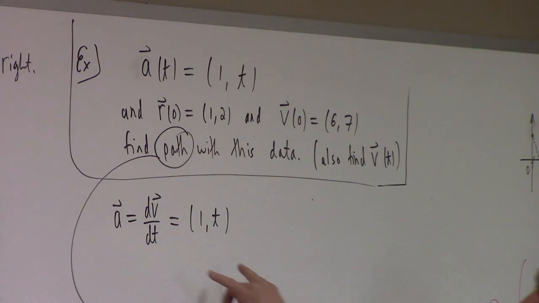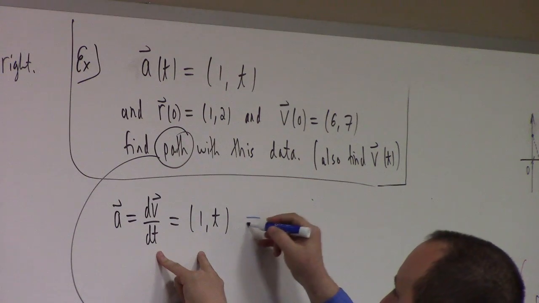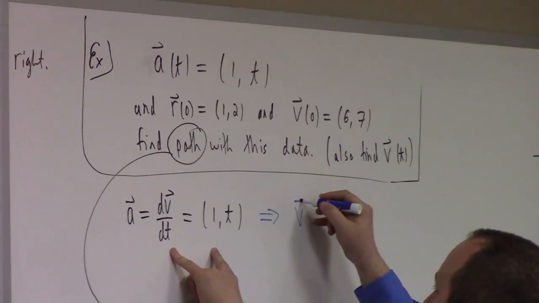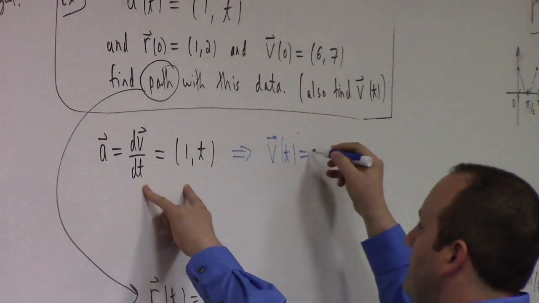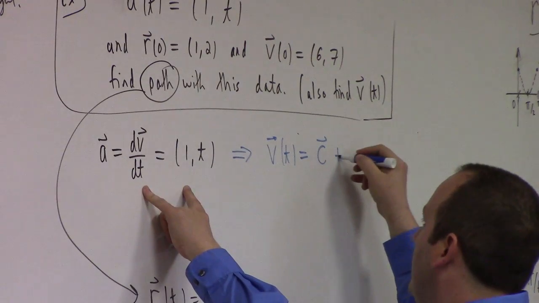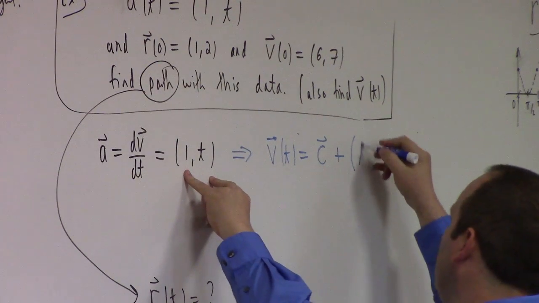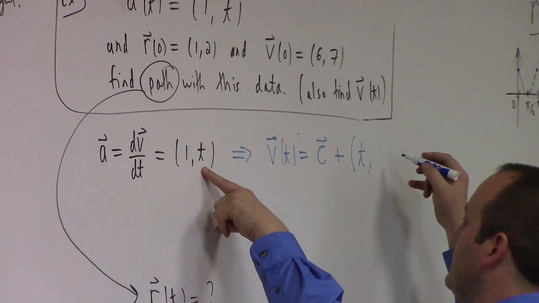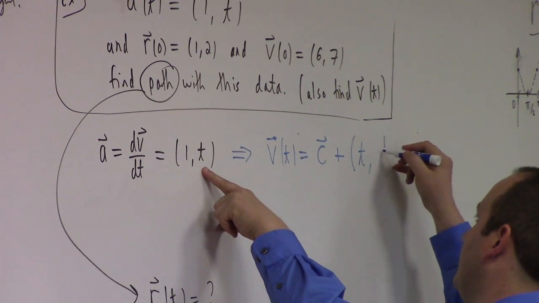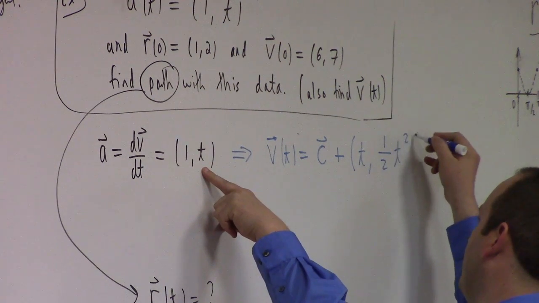So to start with, I've got dv/dt equals 1 comma t. So integrating gives me what? v of t equals some constant c, and then this gives me t. Integral of t is what? 1/2 t squared, right?